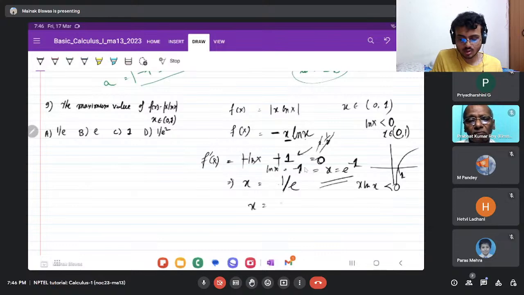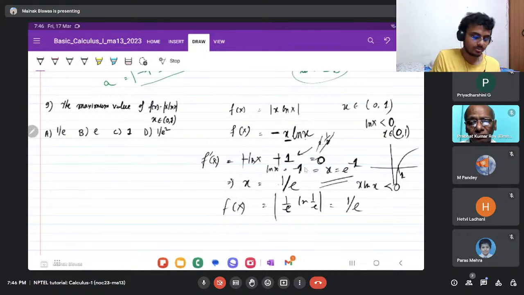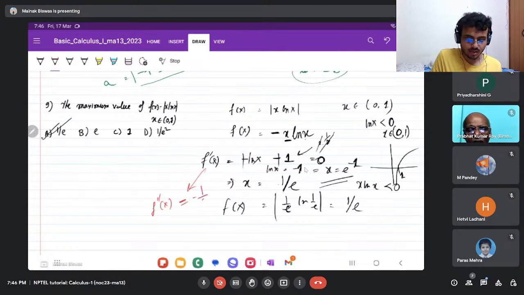So x is equal to 1 by e. f of x is 1 by e log 1 by e mod, which is 1 by e, correct? So 1 by e is the maximum value. We can also take the second derivative test to see if it is a maxima. f double dash x is minus 1 over x, which is less than 0. So it's a maximum, since for x greater than 0 it is less than 0.